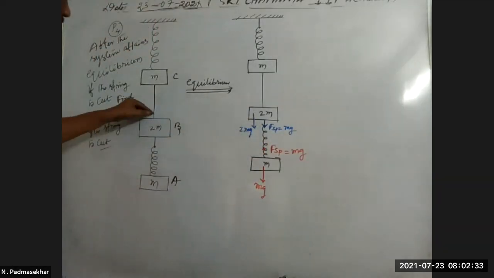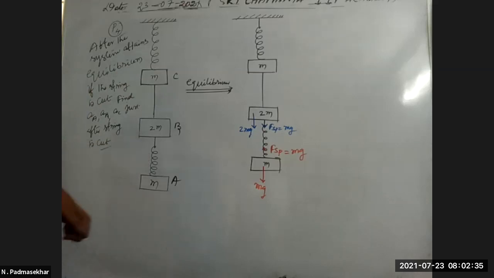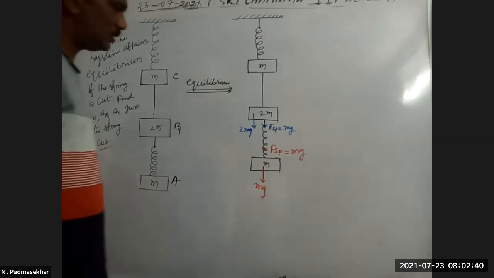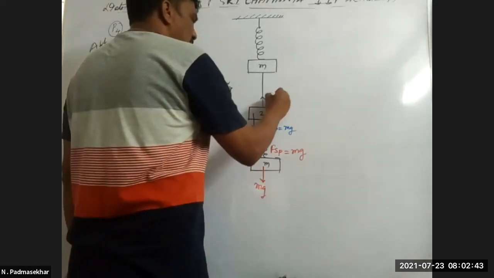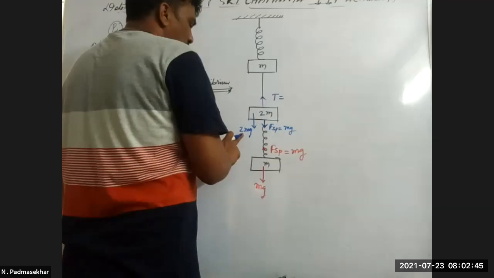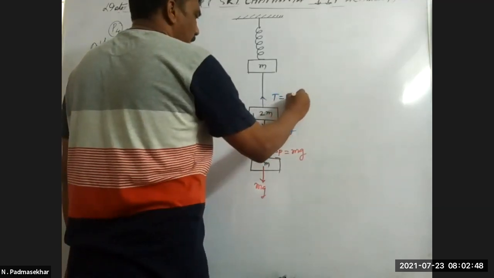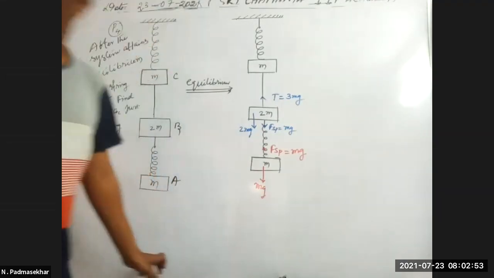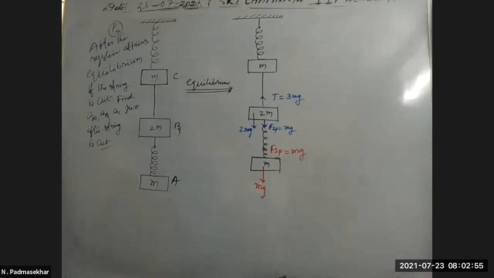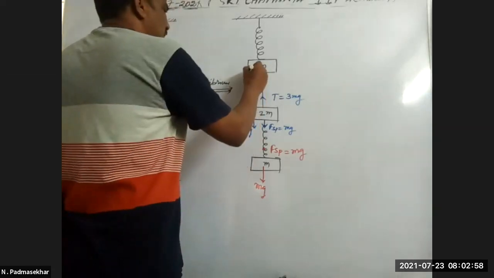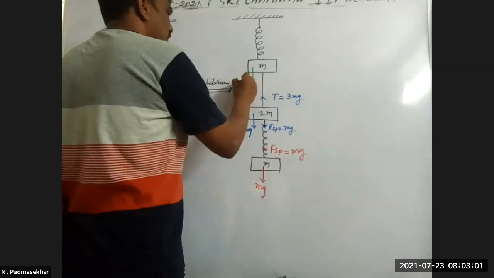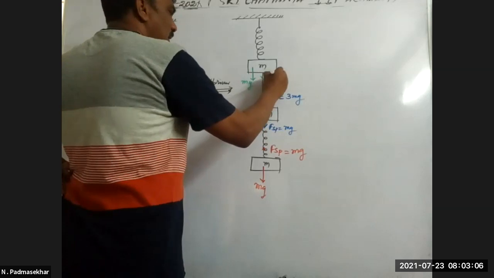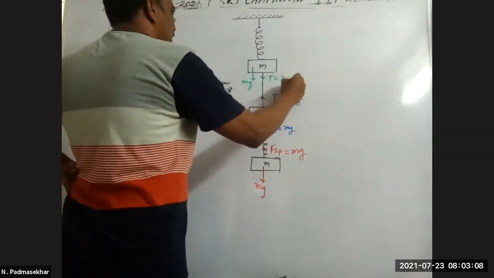Here there is a tension, and we can calculate it. Under equilibrium, 2mg plus mg, so 3mg. And see, the weight mg is acting downwards, and also here there is a tension T equal to 3mg.